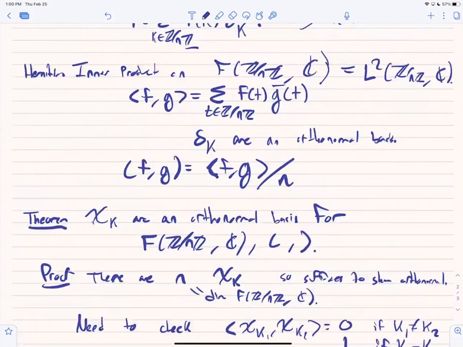Let me make an important observation for this. In this inner product, we're summing up the product of the function on the left and the complex conjugate of the function on the right.